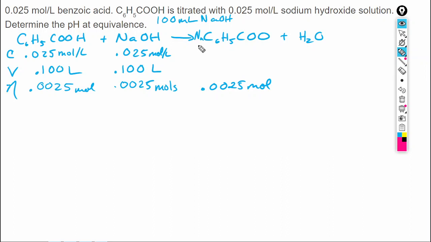But what I really need to know is what's the concentration of my salt? So what's the volume that the salt is dissolved in now? I've got 100 milliliters and 100 milliliters mixed together. I have 200 milliliters. So 0.0025 divided by 0.2.